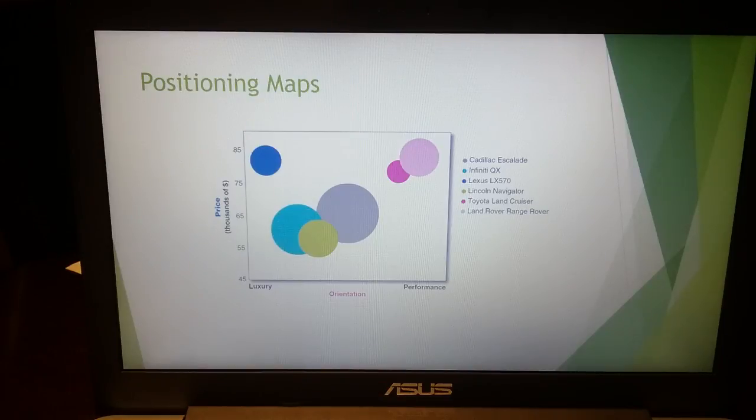The most performance-oriented are the Toyota Land Cruiser and the Land Rover Range Rover, on the performance side. On the luxury side, it's the Lexus. Sort of in the middle are the Cadillac Escalade, the Infiniti, and the Lincoln Navigator. So, people buy sport utility vehicles.